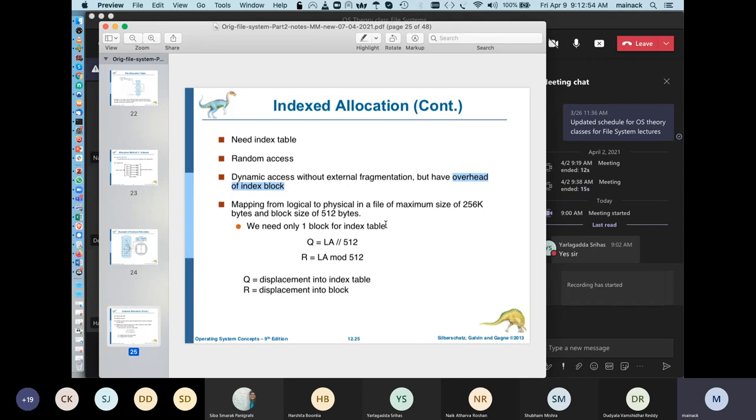Then what is the maximum size of the index table? How many pointers can there be to these blocks in an index block? If you do the math, it comes to at most 512 blocks.